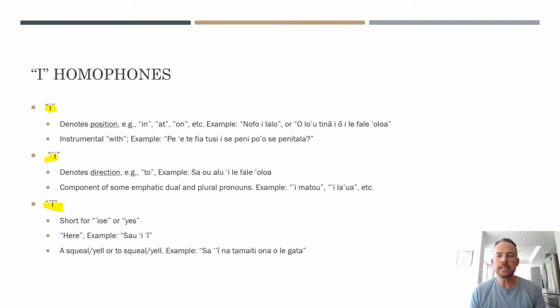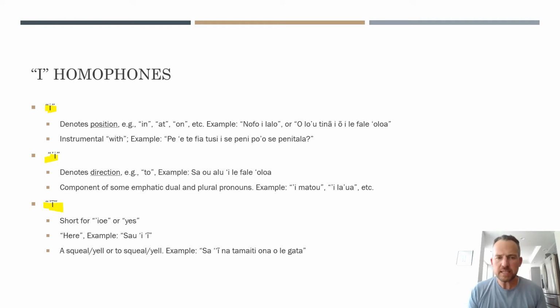Okay, E, where you've got a glottal in the front. So it's very similar to E, except instead of denoting position, it'll denote direction. So basically you use the one with verbs that don't require physical travel, and then you use this one with verbs that do require physical travel when you're translating that verb to the prepositional phrase.